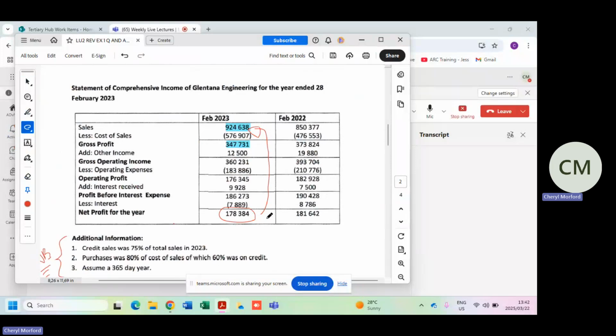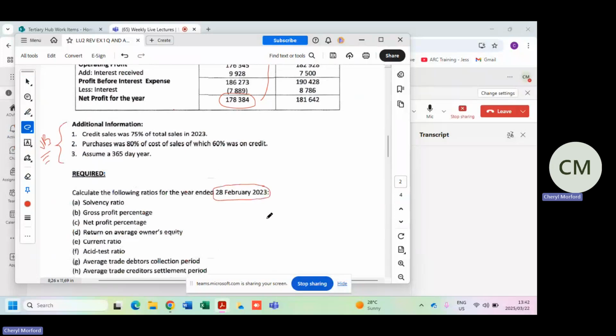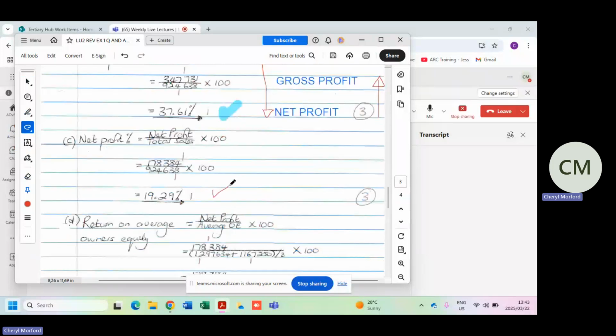Don't forget, must be a percentage. So let's look at the workings there. That gives me 19.29%. So what you'll notice here is that the gross profit is nearly 38% and the net profit is only 19%. So what could account for the big drop?